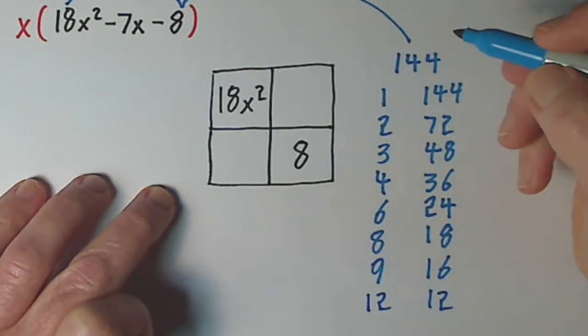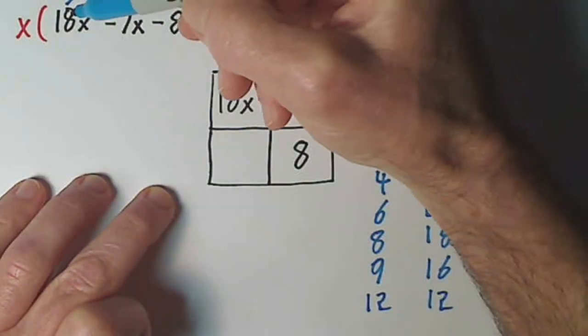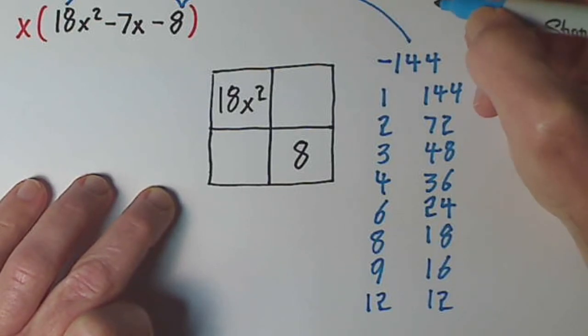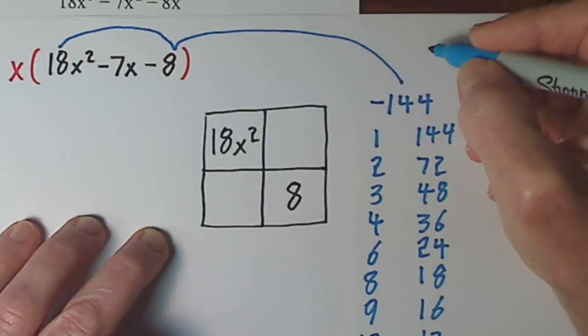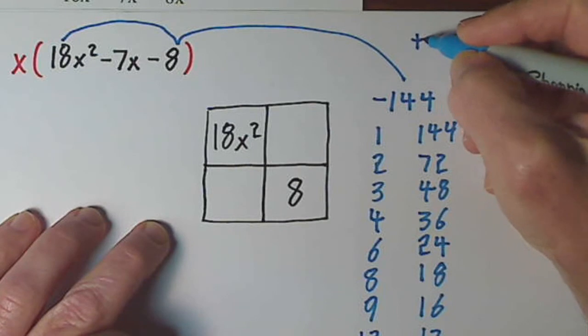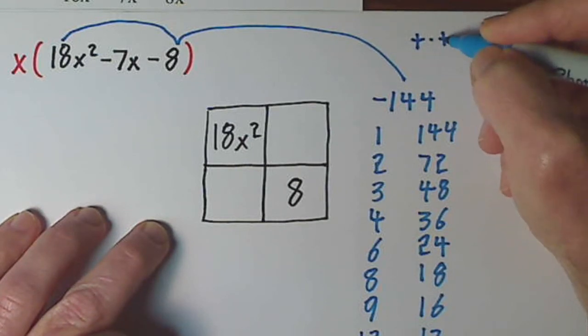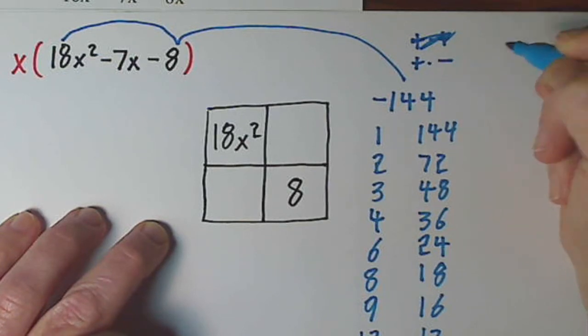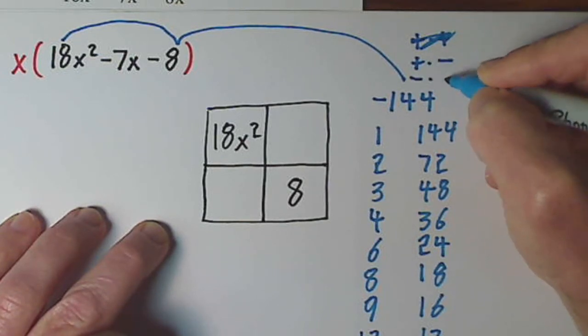Okay, now attending to our signs. Positive 18 and negative 8 gave us a negative 144. If this is negative and it's the result of multiplication, the only way to get there is positive times positive? Darn it. That's not how you get there. It has to be positive times negative or negative times positive.